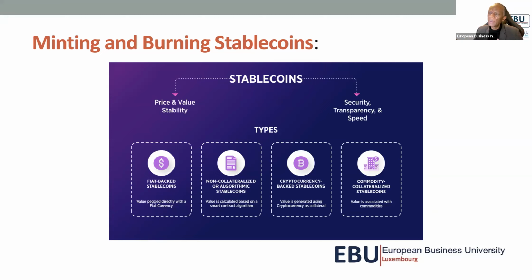We also have crypto collateralized stablecoins, and these are backed by other cryptocurrencies as collateral, right, to ensure that their value remains stable relative to a fiat currency. And this is often operated with that mechanism. We also have what's referred to as algorithmic stablecoins.